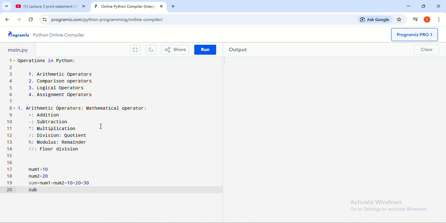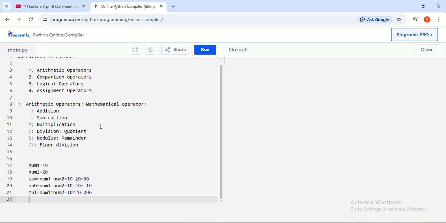If I take subtraction is equals to num1 minus num2, the same thing, 10 minus 20, and this will result in minus 10, right? Then if we talk about multiplication, let's take a variable mul, which will take the multiplication, that is num1 star num2, which will be 10 multiplied by 20, which will result in 200.